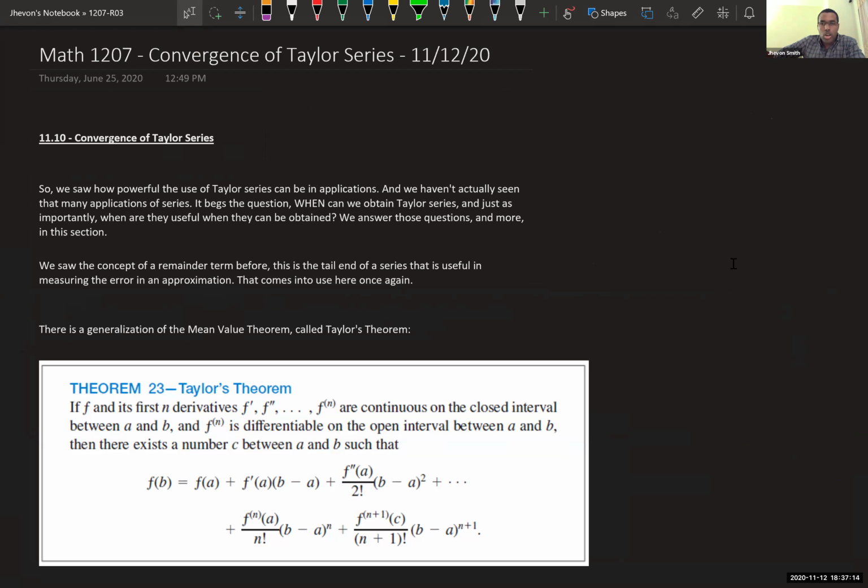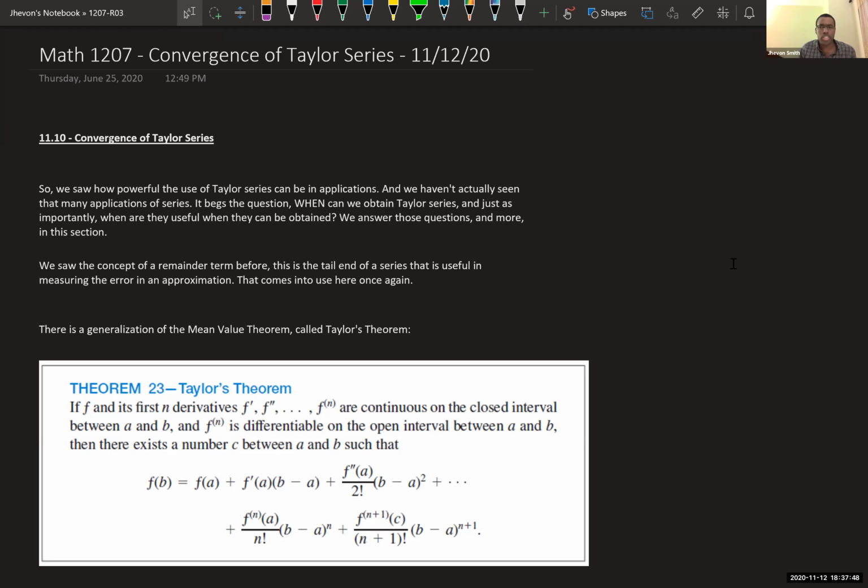I do expect you to know some overall key facts, like knowing about just some general ideas about the relationship between a function and a Taylor series generated by the function. Things like, if I create a Taylor series based on a function using that formula, is that Taylor series always representative of the function? Can I always just swap them out like I just did, right? So if I wanted to integrate f of x, is it always the same as the integral of the Taylor series of the function? So questions like that, I'd expect you to know.